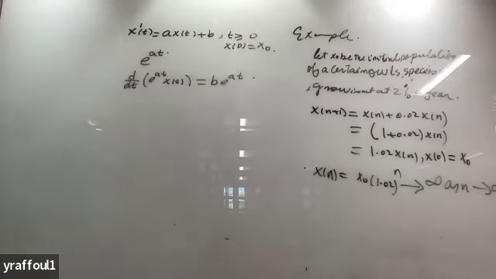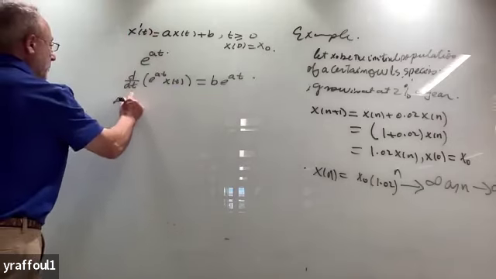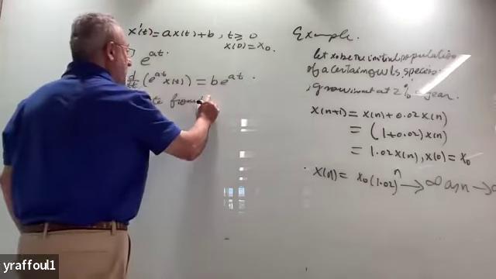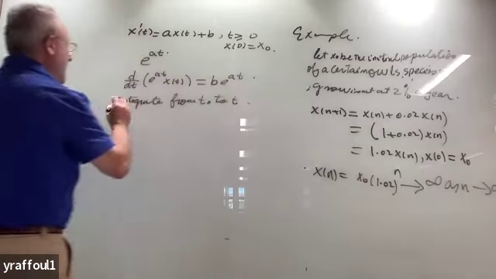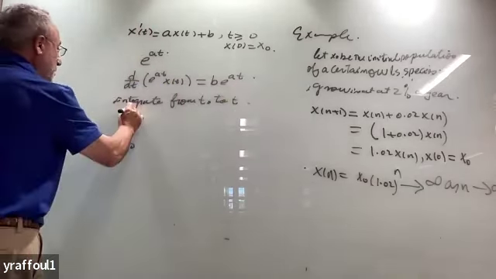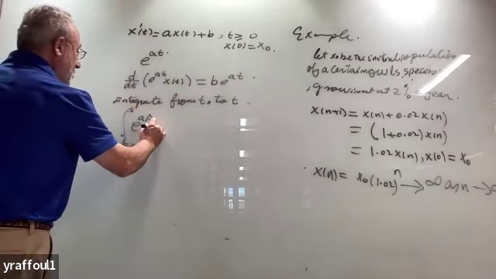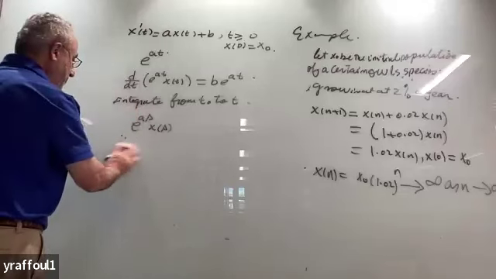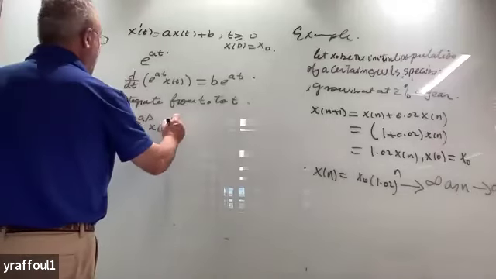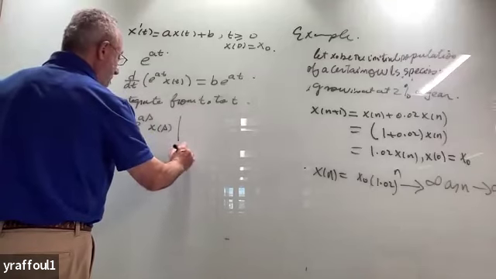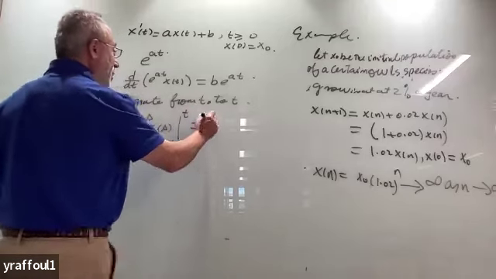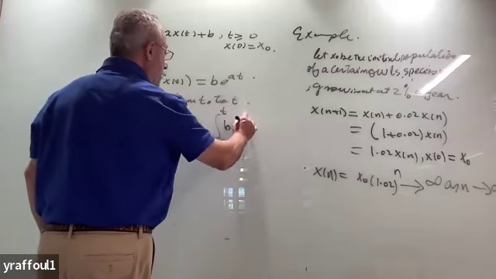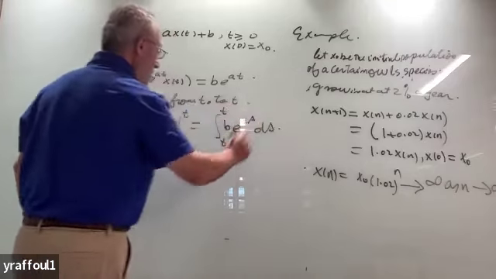You see that? If I integrate from t0 to t, then I'll have, from s equals 0 to t, equal to the integral from t0 to t of b e to the minus as ds.